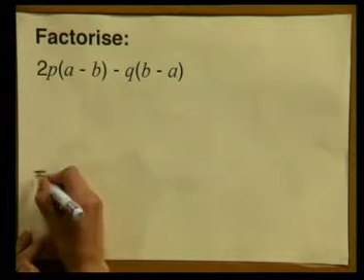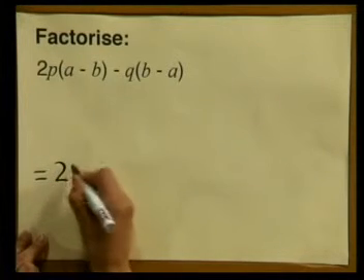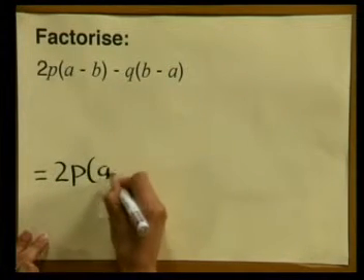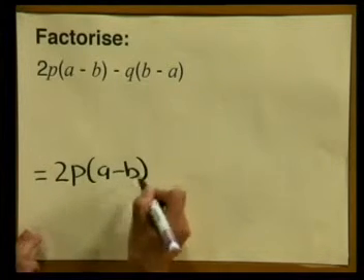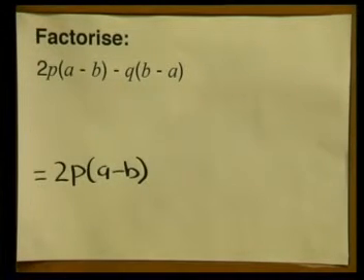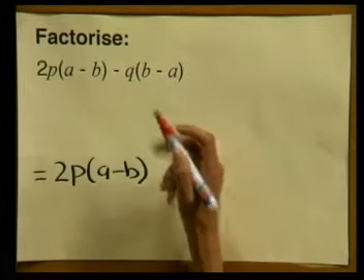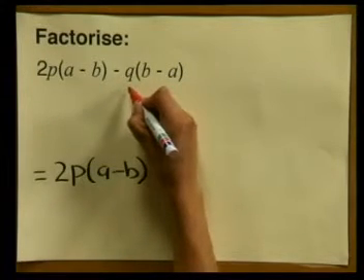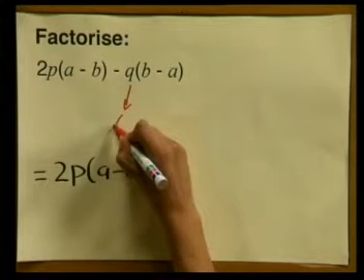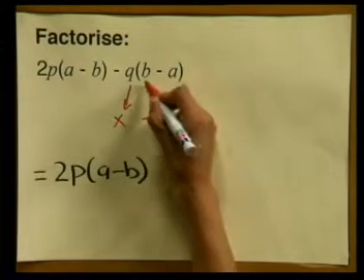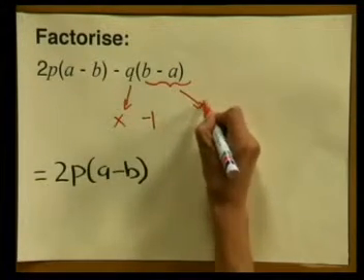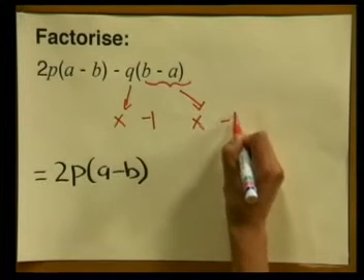The first term stays the same. So we're going to be getting 2p multiplied by a minus b. But we need to multiply the second term twice by minus 1. So we multiply the minus q by minus 1. And then we're going to multiply the b minus a also by minus 1.